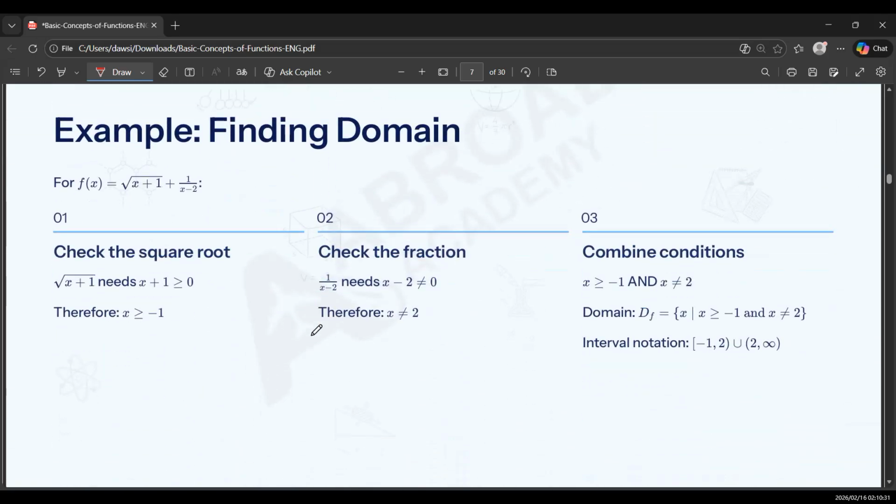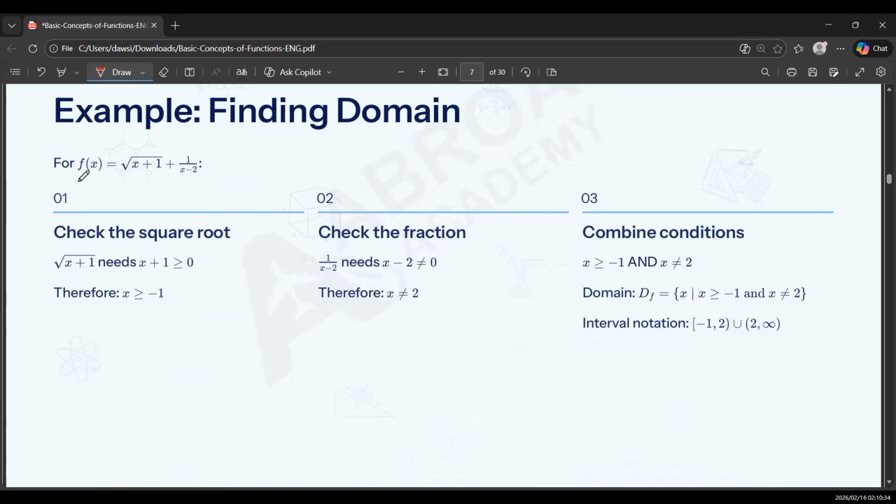And here's also finding the domain for f of x equals root of x plus 1 divided by x minus 2. First of all, take the square root. Root of x plus 1 needs x plus 1 greater than or equal to 0, so therefore x is greater than or equal to minus 1.